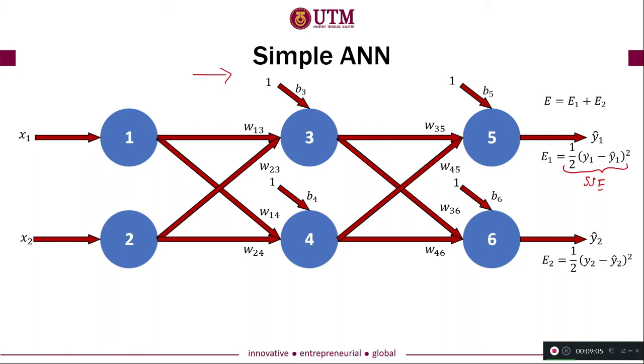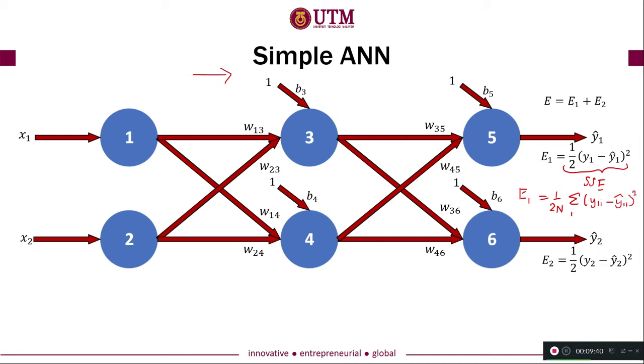Let's say you don't want to use SSE, you want to use MSE. So the expression will look like this: E1 equal to 1 over 2n, summation over i, of y1i minus y hat 1i.